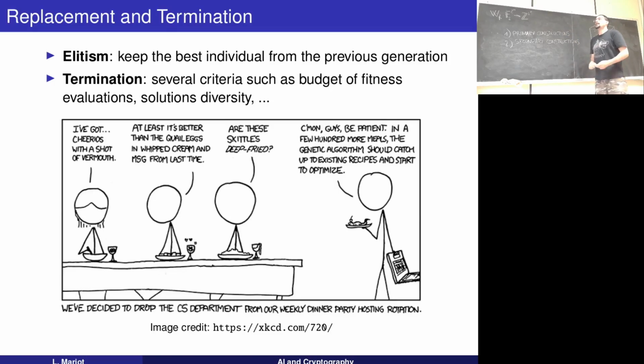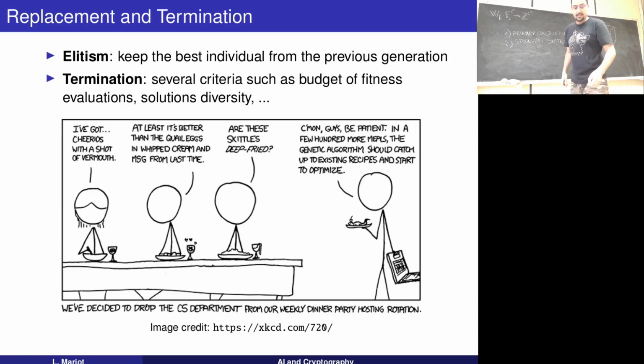Otherwise, you're always losing it. And then for termination, there are several criteria, as we already mentioned before. You can have a budget of a number of fitness evaluations that you want to do. You can say, okay, once we reach a very low solutions diversity, so the solutions are very similar, it's useless to continue, so let's terminate. And you can have other criteria like that.